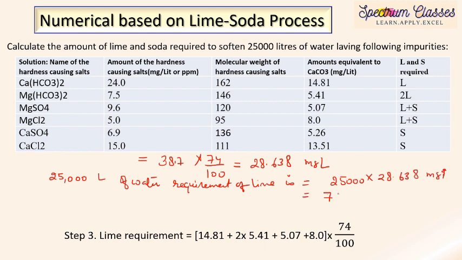We will get 715,950. This is in milligrams, so if we divide it by 1000 to convert it into grams, and by 1000 again to convert it into kilograms, then we will get 0.72 kilograms of lime, right?